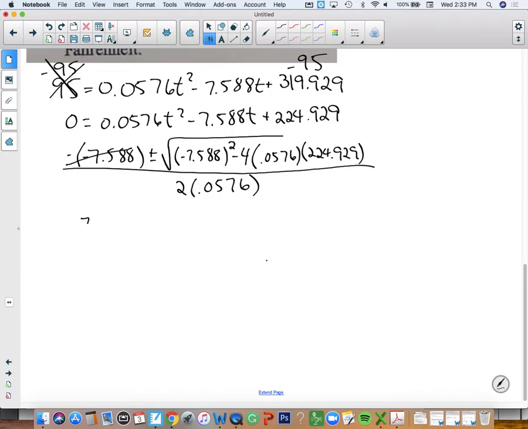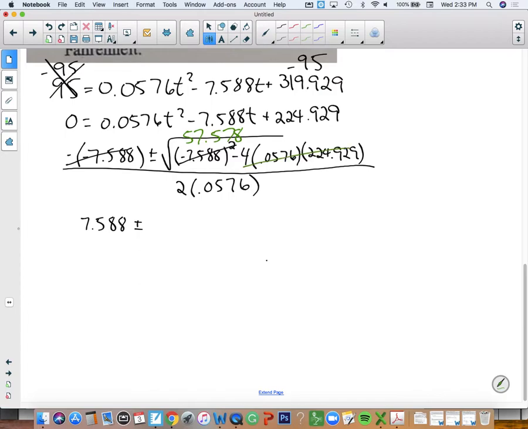So that is a 7.588, okay, plus or minus. Let's do this one. So square that. So 7.588 squared gives me, and let's round, since we got 3 decimal places floating around in a lot of these, let's use 3 decimal places, so to the thousandths. So this would be 57.578.